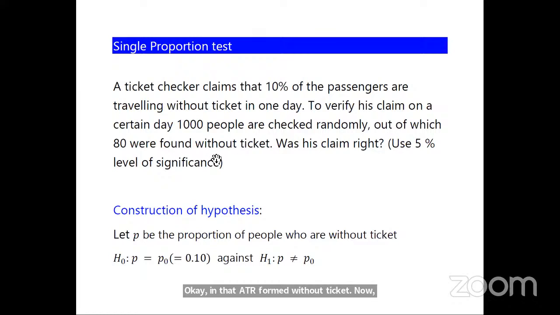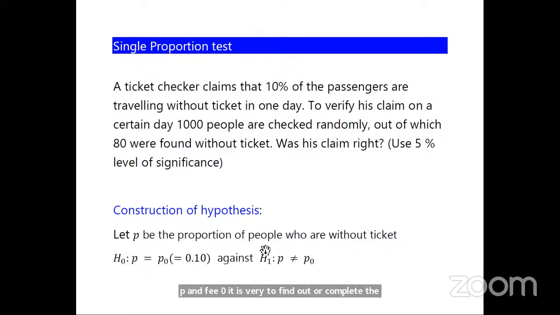In our case, this is the success, that the person is without ticket, which we want to test. So P will be calculated as 80 divided by 1,000. Once you have the value of P and P0, it is very easy to complete the test, isn't it?